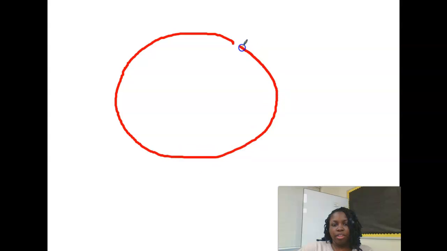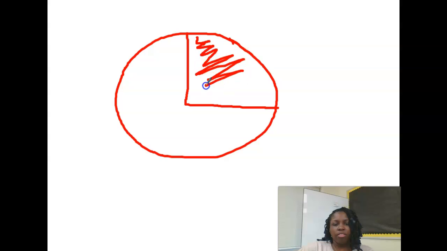All right, so we're going to think about a circle and figure out how many degrees are in it. What if I have this angle? How many degrees are in just this shaded portion? This is a fourth, right? Because if I break this apart, it's 4 sections. So this is 1/4. How many degrees are in 1/4 of a circle?